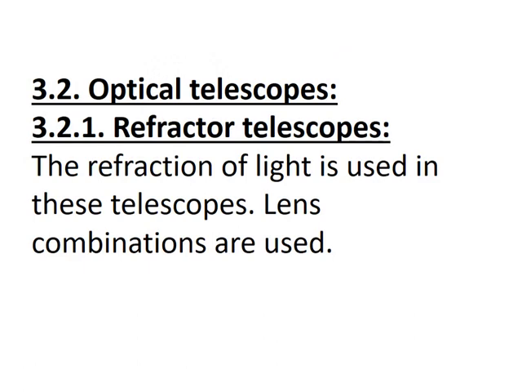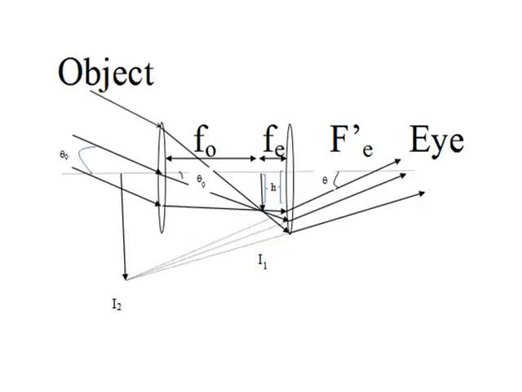3.2, optical telescopes. 3.2.1, refractor telescopes. Lens combinations are used in refractor telescopes. Because we focus the telescope to a far away object, the rays coming from the object are parallel to each other.